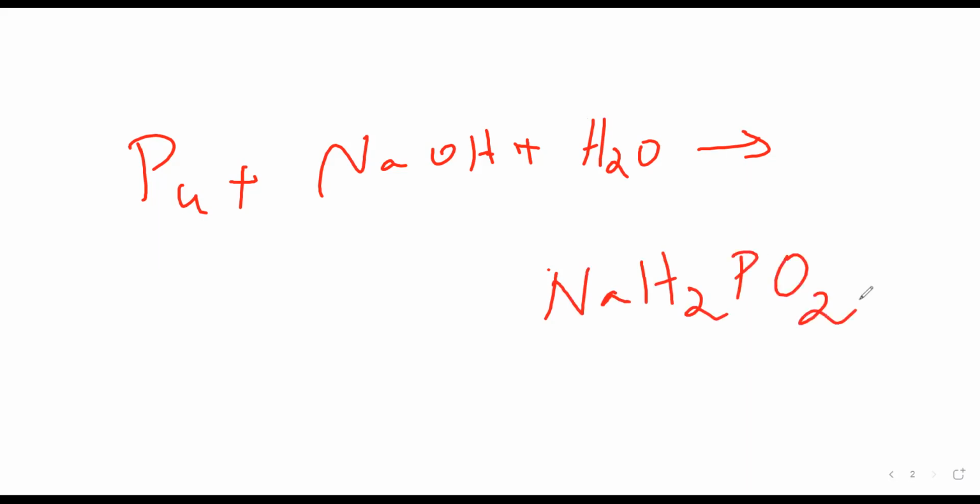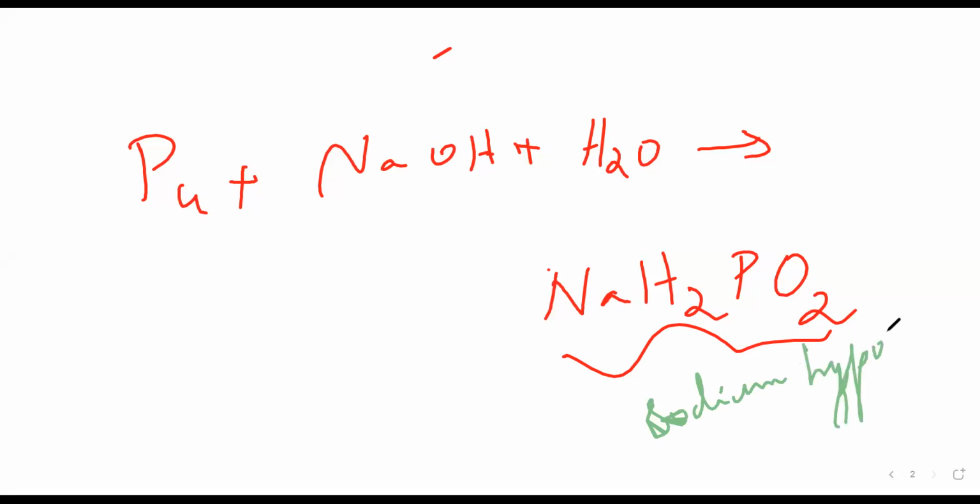What is this compound called? NaH2PO2 is called sodium hypophosphite. How many of you are hearing this for the first time? So Na is removed, H2 is also removed, PO2, phosphorus okay, but we need P4, four phosphorus are required.